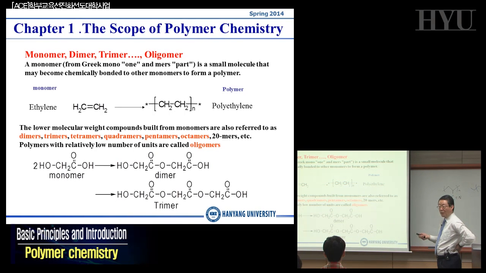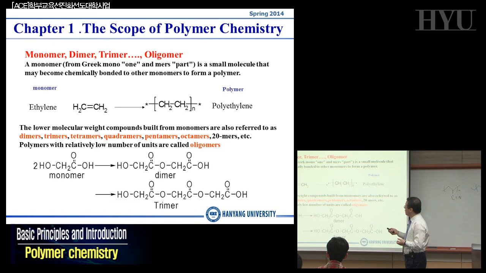Okay, the double bond has sp2 hybridization carbon, whereas the CH2 or CH3 has sp3 hybridization carbons. So the double bond is opening to make a radical or to make ions, and it becomes polyethylene.